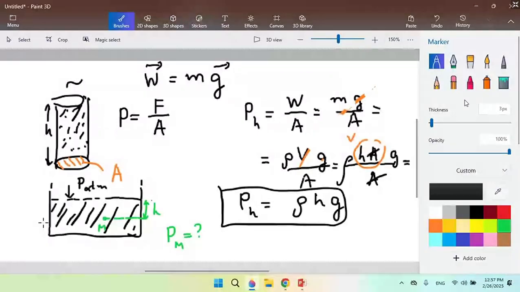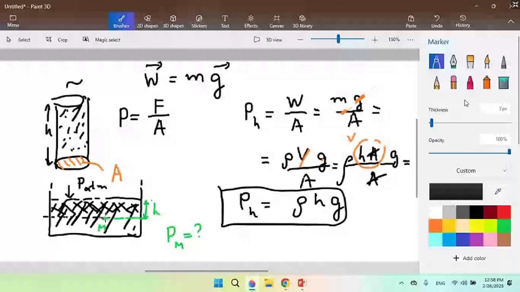But there is one more pressure here, which is due to the weight of the layer above the level at which the point is located. That layer has got mass, which means that it exerts weight, or a hydrostatic pressure.